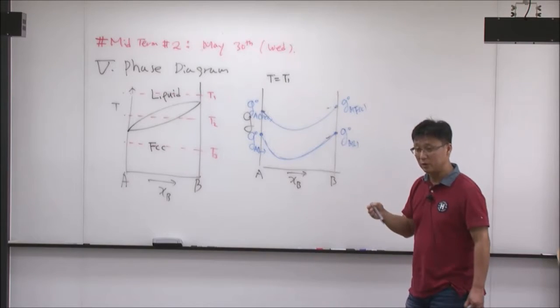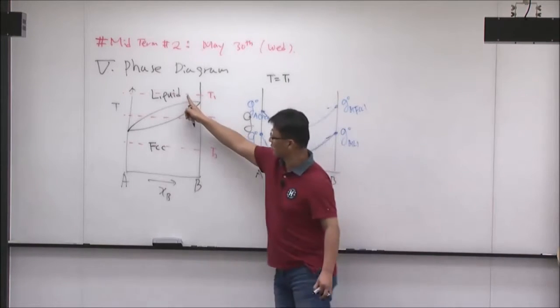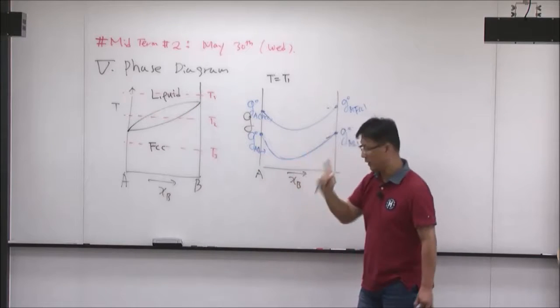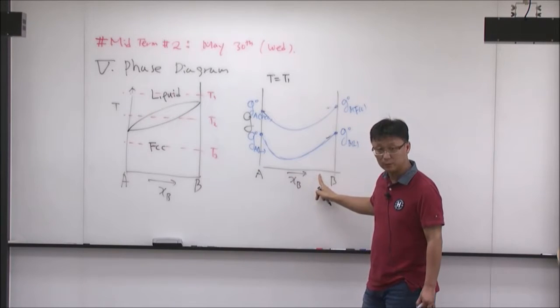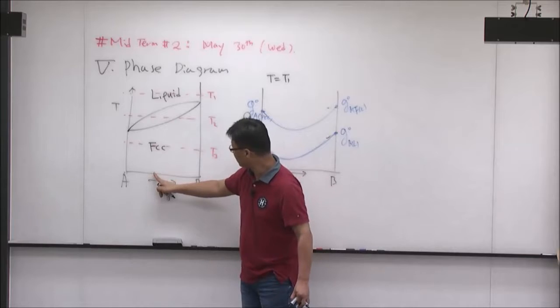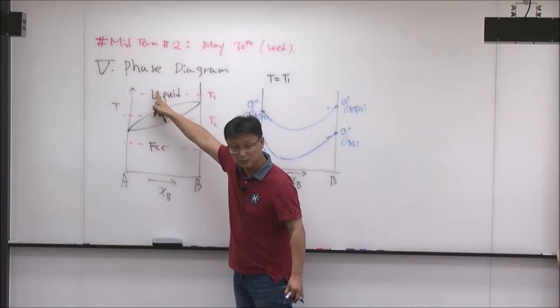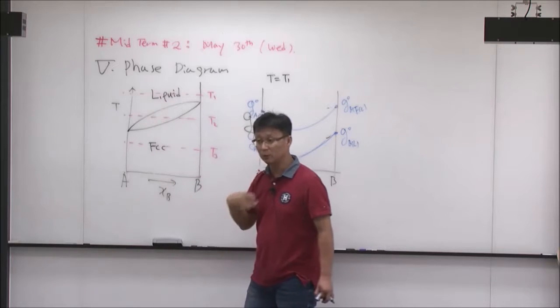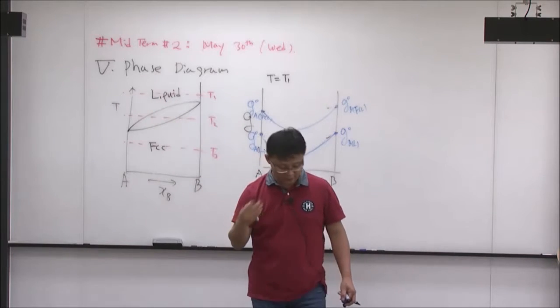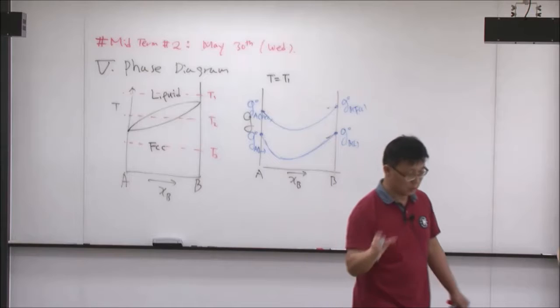So when we say a certain phase is appearing, it is only at the given composition. Okay? So, for example, at this composition, I say at this point, liquid is stable. Yeah? Am I right?